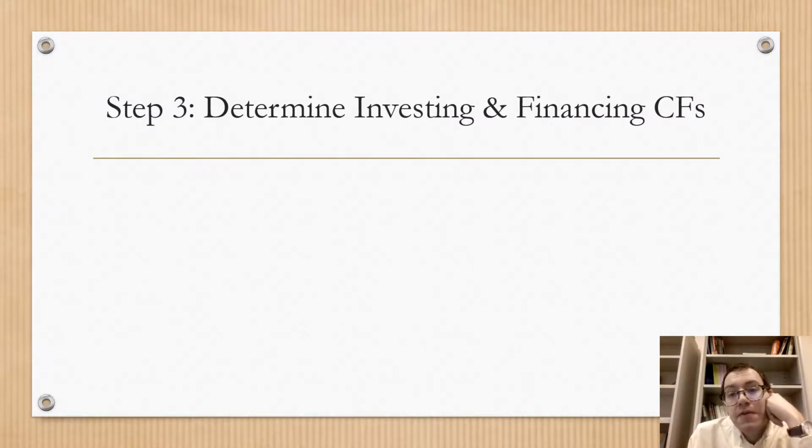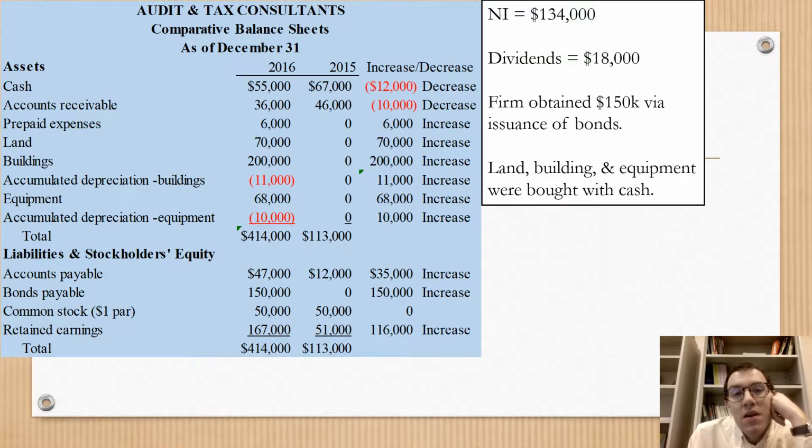Last part is to do investing and financing. You can do that in either order. Let's do investing. For investing, we already said, you bought land, buildings, and equipment. Those are investments, and that's all I see. So this is a lot easier than the operating section, like the investing and financing.